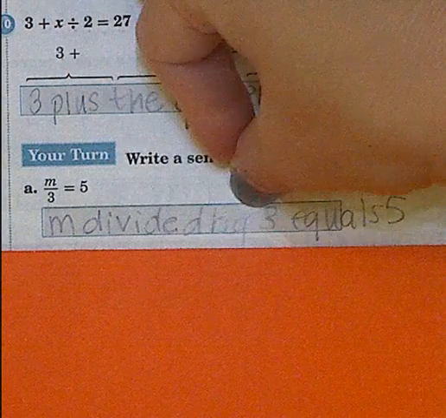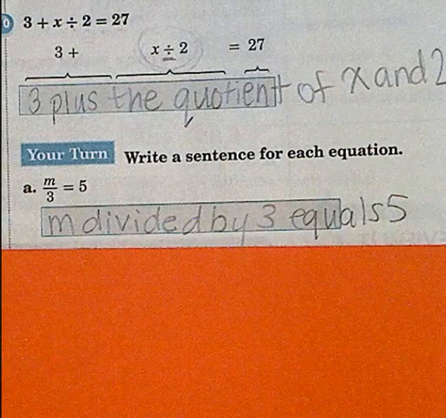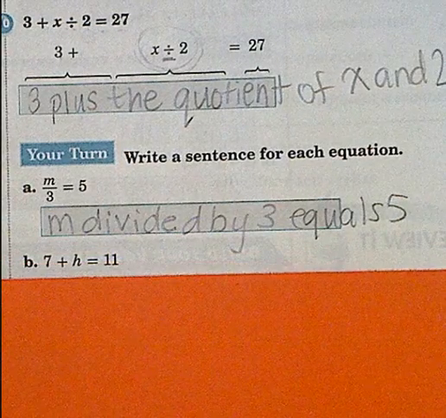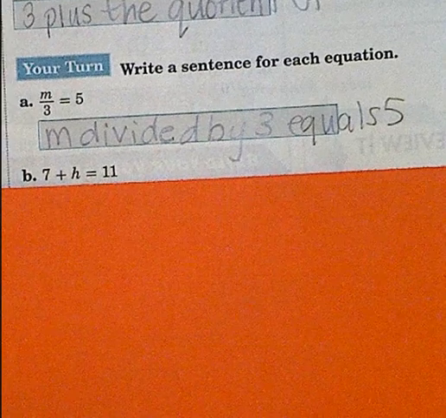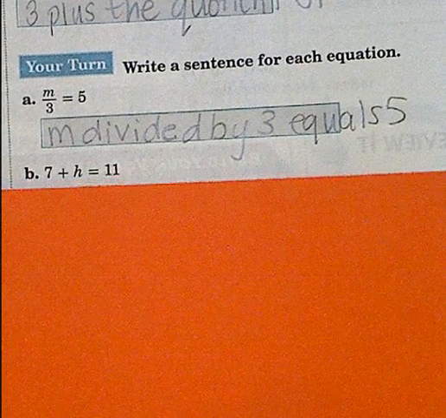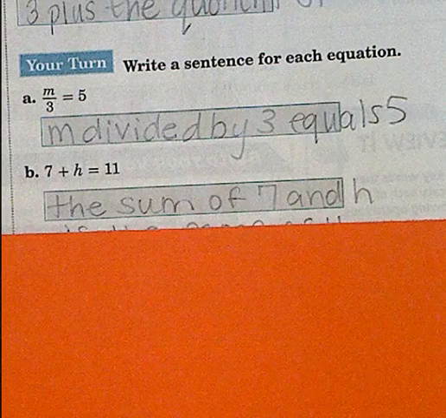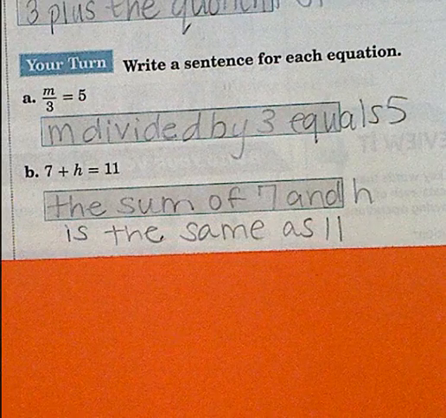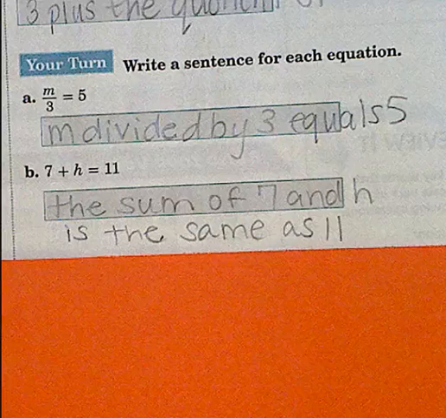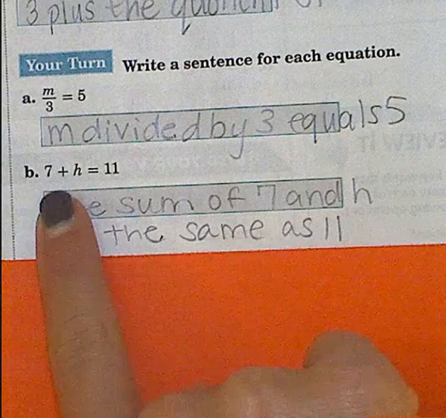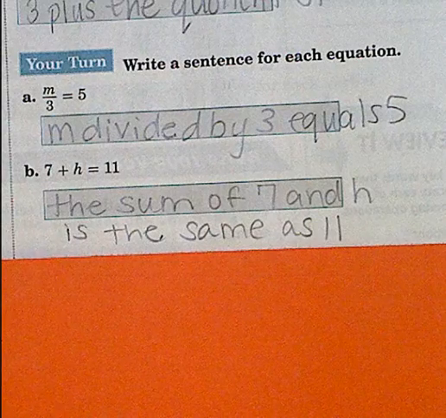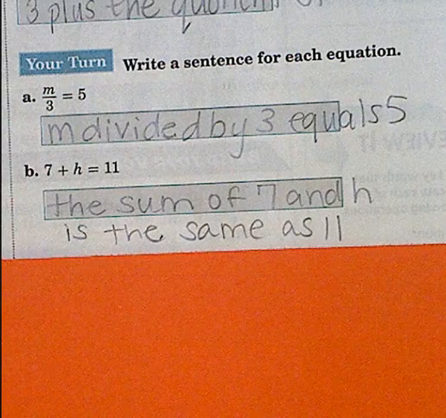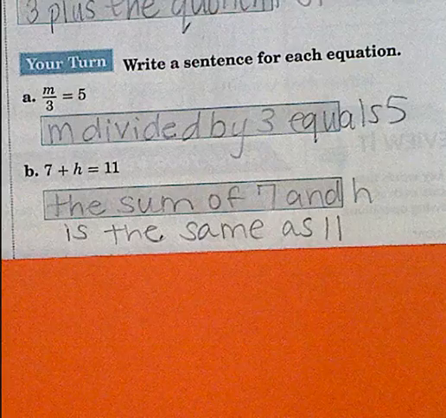Our next one is 7 plus h is equal to 11. Or we could say the sum of 7 and h is the same as 11. So, just saying this sentence out loud to yourself will already help you in writing the verbal sentences for math.